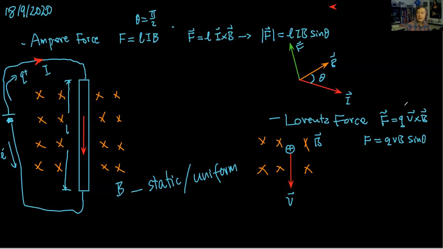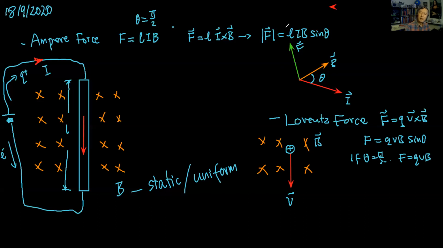This theta is the angle between the velocity and the magnetic field. If theta equals 90 degrees, this is the formula we will often use: qvB.